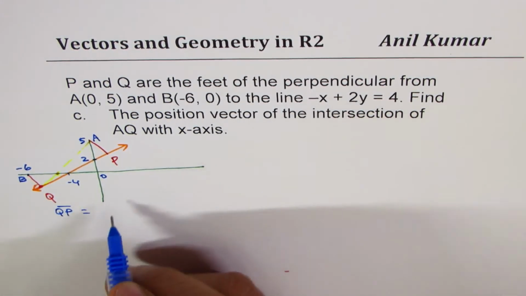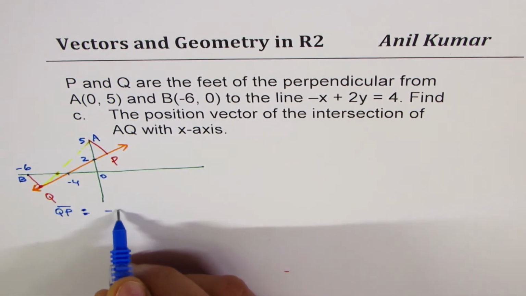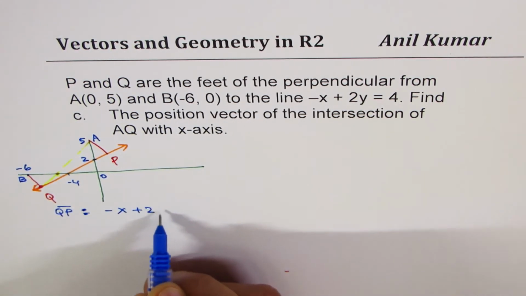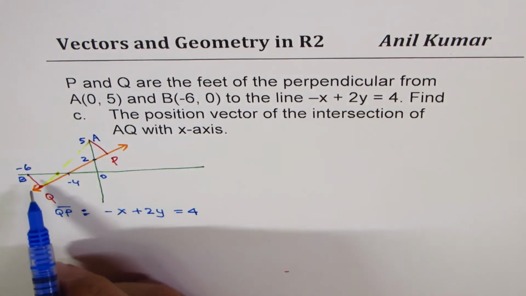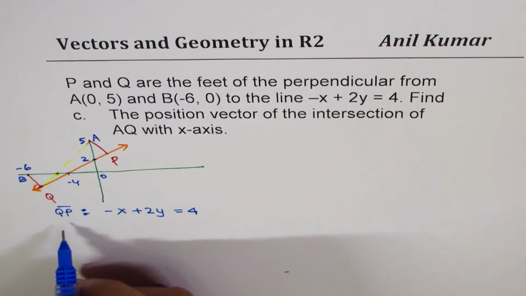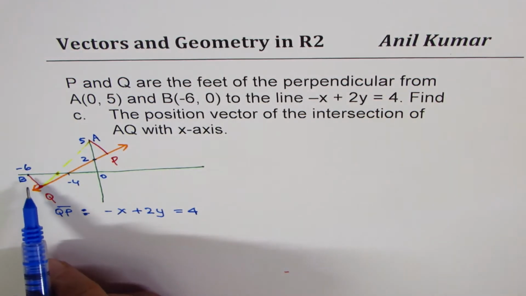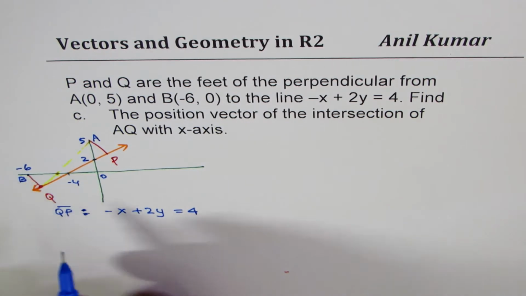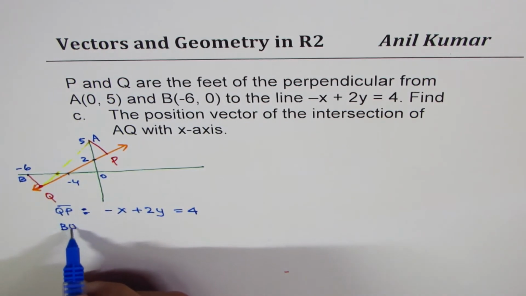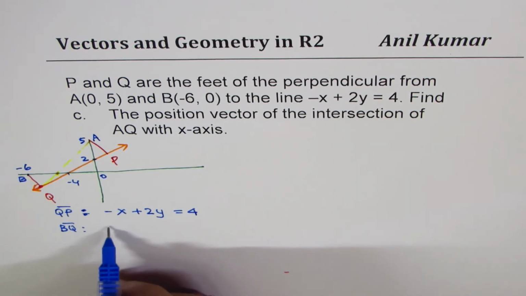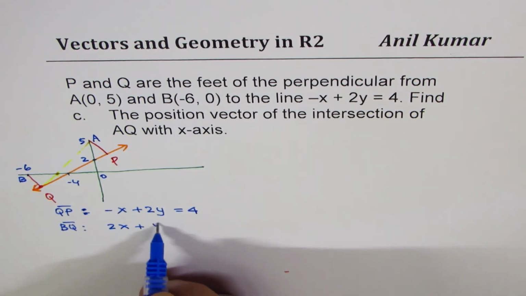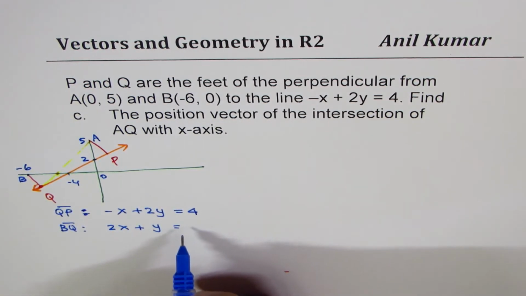QP is given to us as minus x plus 2y equals 4, right? That is given to us. We know point B. We also found the equation of BQ, right? Let's write the BQ equation. I'll copy it from what we had developed in standard form, which was 2x plus y equals minus 12.